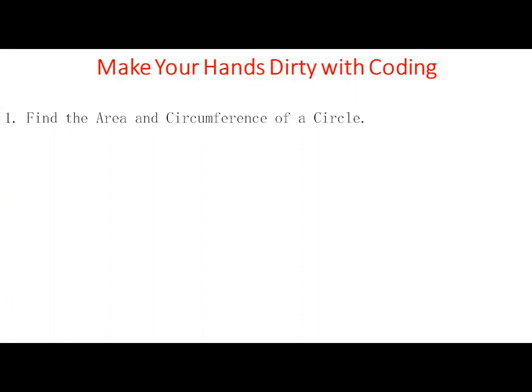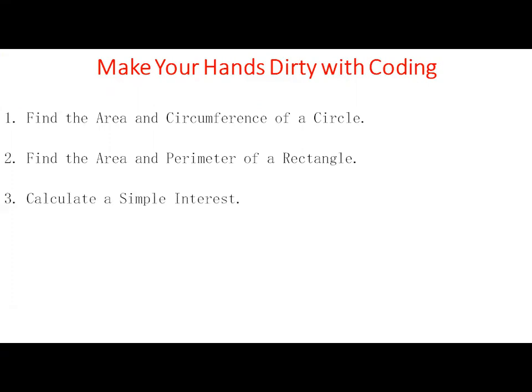Find the area and circumference of a circle. Find the area and perimeter of a rectangle. Calculate simple interest. Find the gross salary of an employee by reading his basic salary, house rent allowance, dearness allowance. These three you can read.